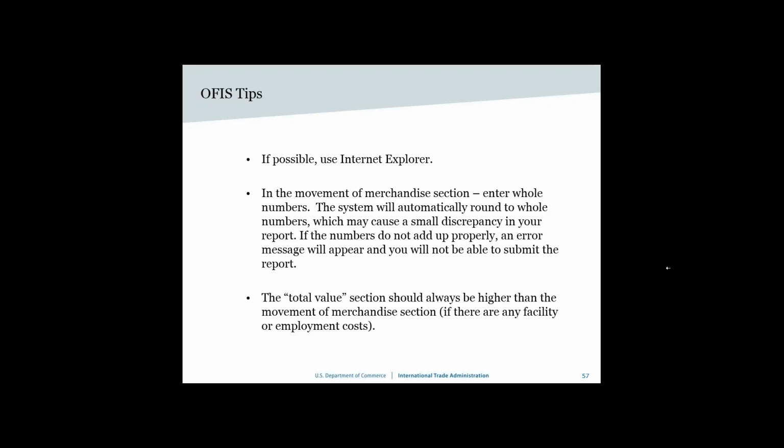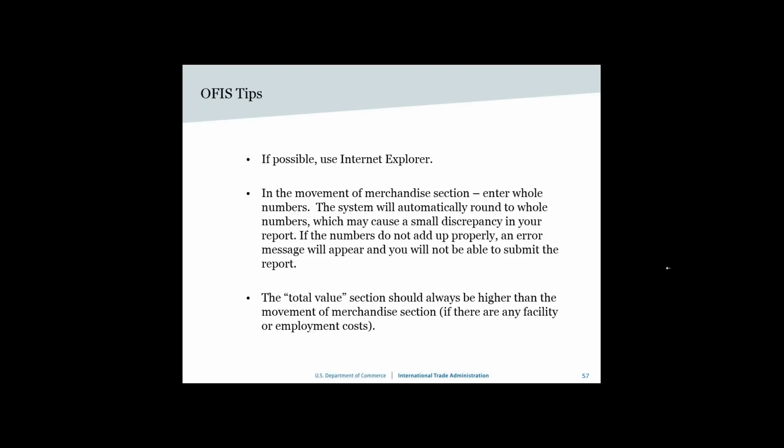And a few other things, and some of these we've already discussed, but we'll just re-emphasize. In the movement of merchandise section, in all operator types, try to enter whole numbers. Control the rounding process yourself so that you don't get an unexpected discrepancy when you go to submit your report. That will help make sure that the numbers do add up the way you meant them to.